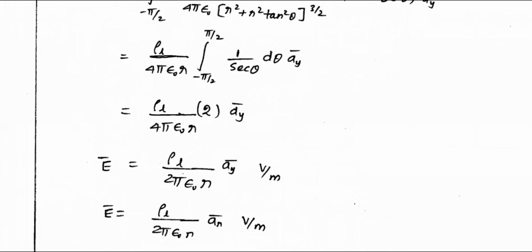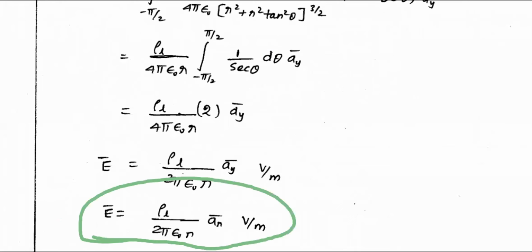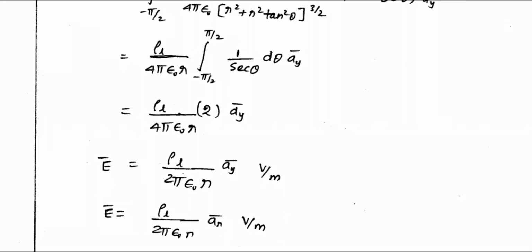Then finally what you are getting? You are getting this one. This is what we are interested in. Electric field is equal to ρL divided by 2π epsilon naught r, in the aρ direction. They are not stopped with this. They are substituting aρ. Why are they denoting aρ?